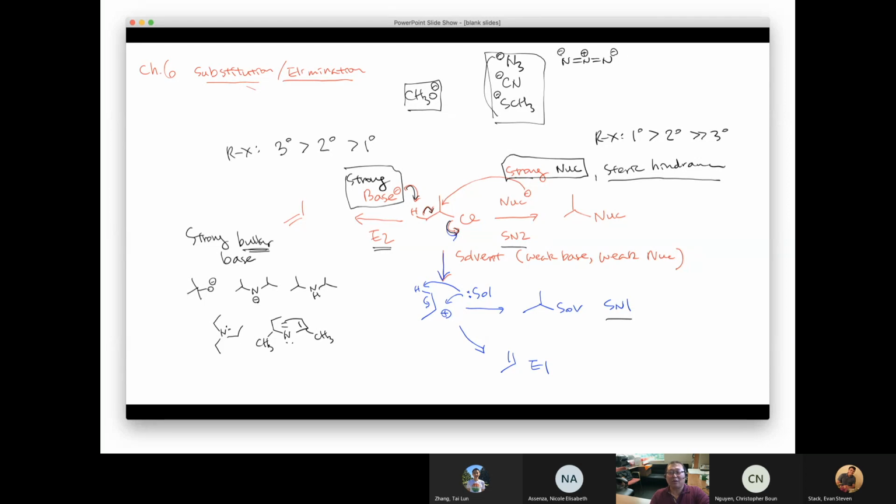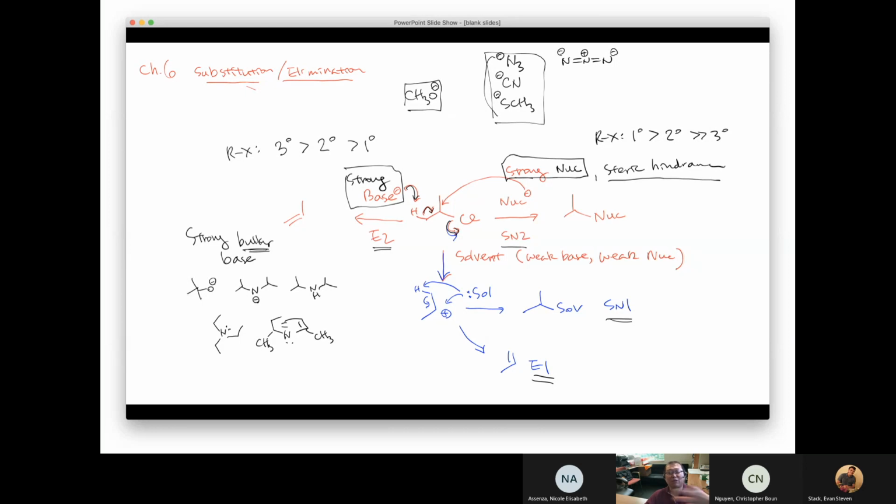And then the trait of E1 or SN1 is basically no strong reagents. Anytime there's a strong reagent, the reaction will happen by either SN2 or E2. E1 and SN1 are basically not the first choices. E1 and SN1 happen because this is sort of the last fate of the reaction, because SN2 cannot happen and E2 cannot happen.